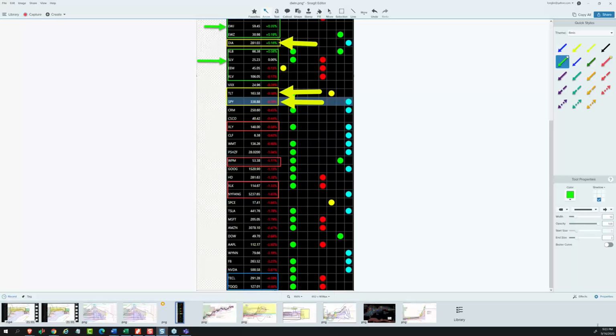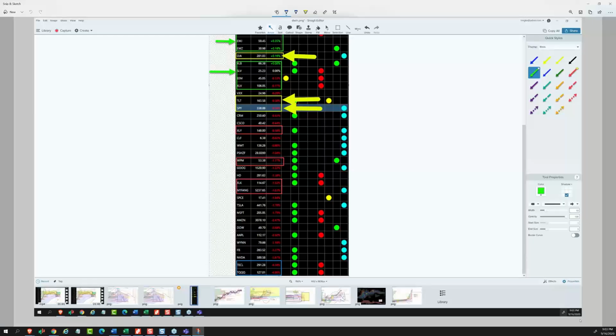So now, if I look at the things that underperformed, again, I can see the S&P here at minus 0.38. Now I'm going to look at all these that are highlighted in red. Here's consumer discretionary, minus 0.56.